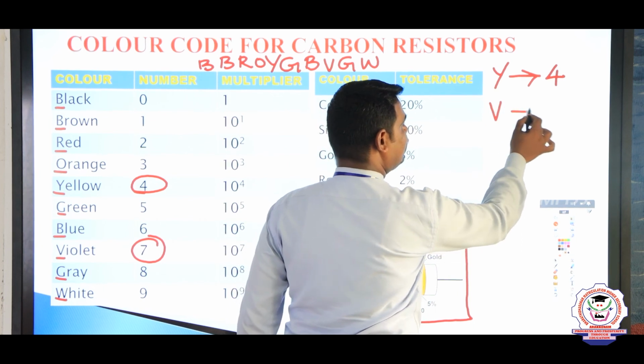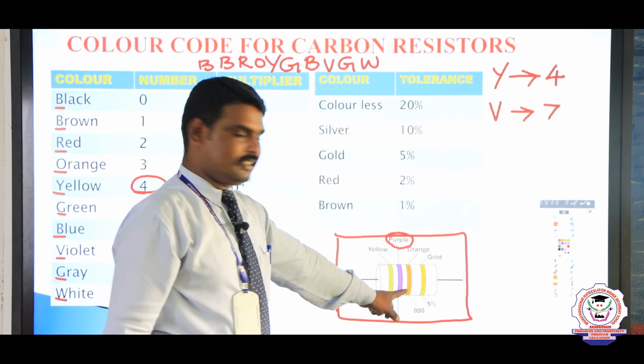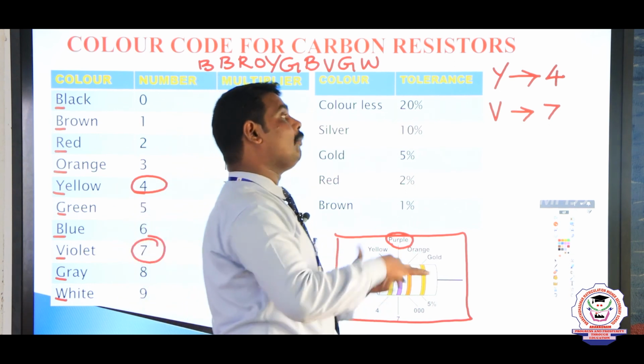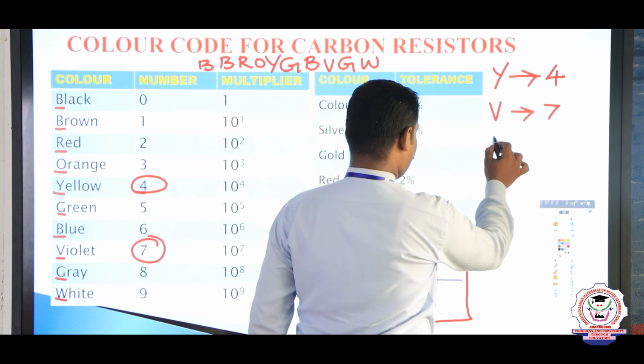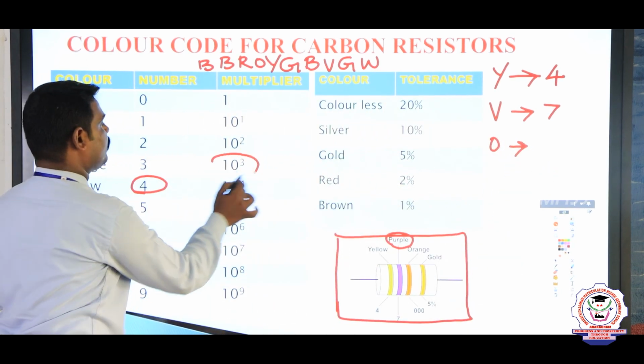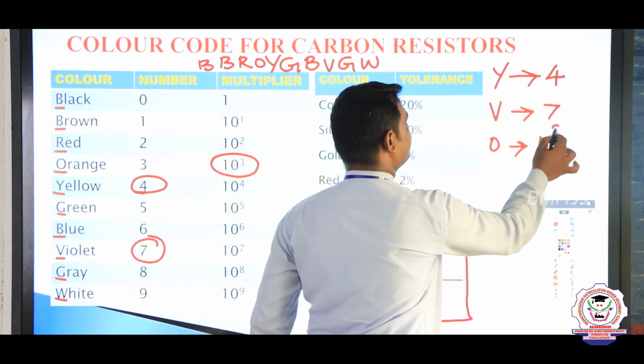The third color is orange, so we write the multiplier: orange multiplier is 10 to the power 3.